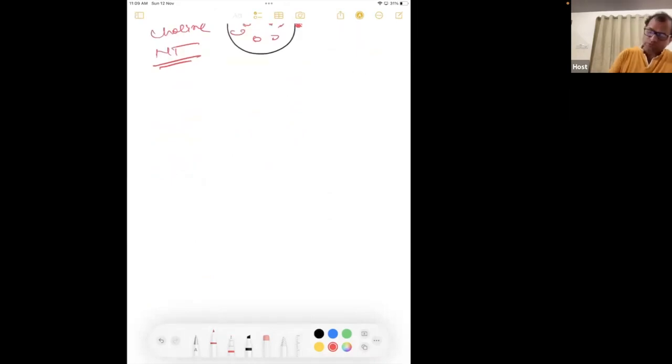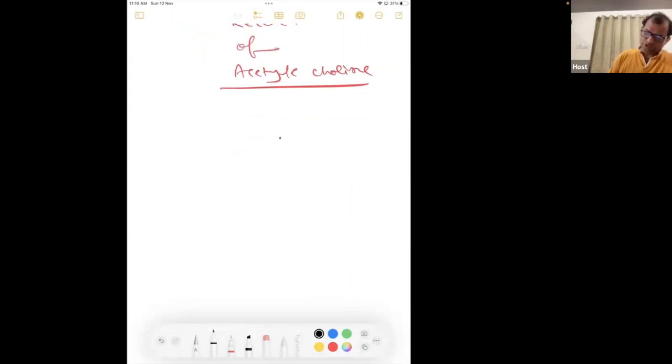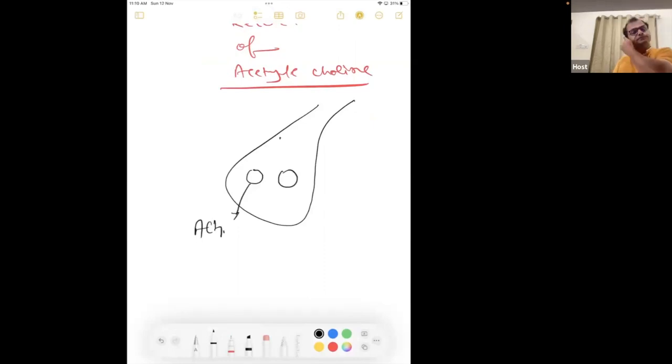Now I would like to tell you how the release of acetylcholine is happening. All these events are important if you really want to understand neuromuscular disease. So we want to discuss how the acetylcholine is released from this pouch. This process has a particular name.